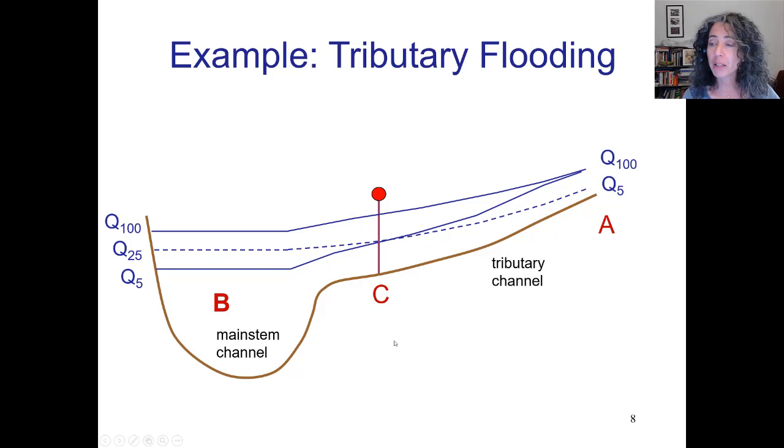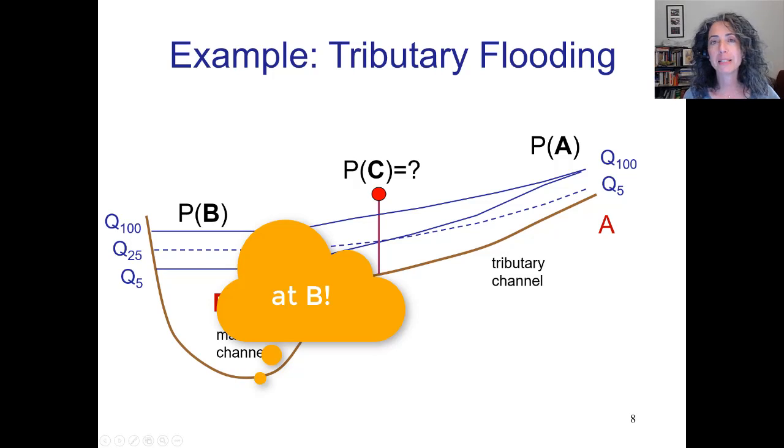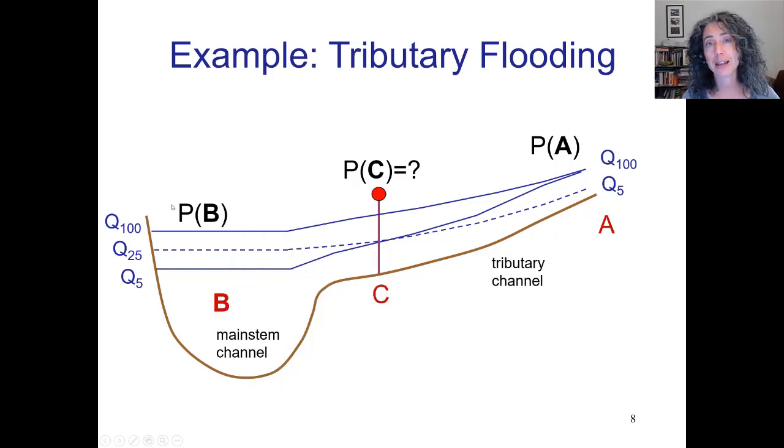To evaluate a probability distribution at C, we need to be aware of and combine the probability distribution at A, the probability distribution at B, and the response at C from all possible outcomes at A and B.